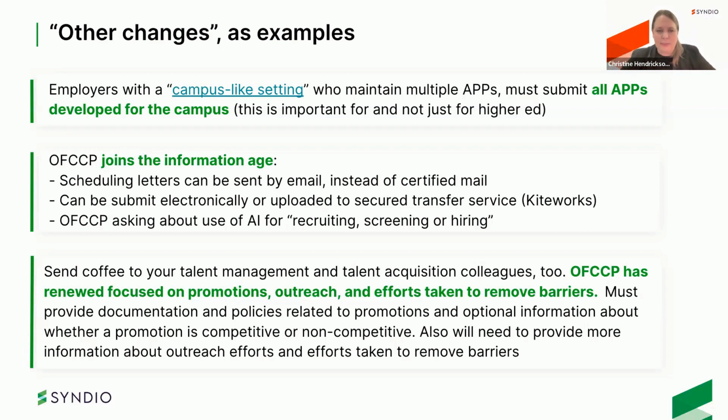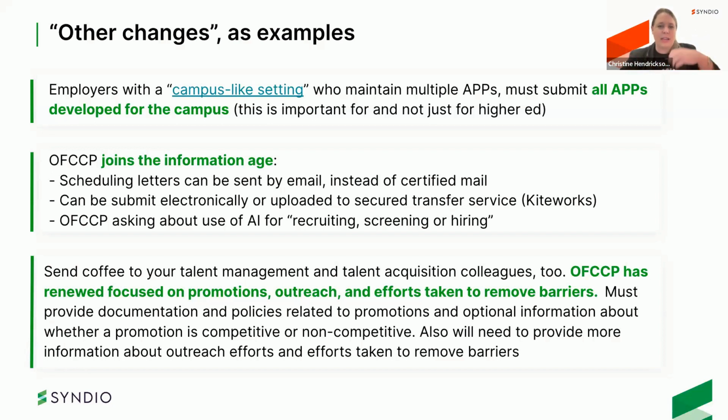So the OFCCP, with this new scheduling letter, says that when you have multiple buildings in a campus-like setting, and that could be a higher education actual campus, or a corporate headquarters that has multiple buildings that all sit within the parts of the campus.